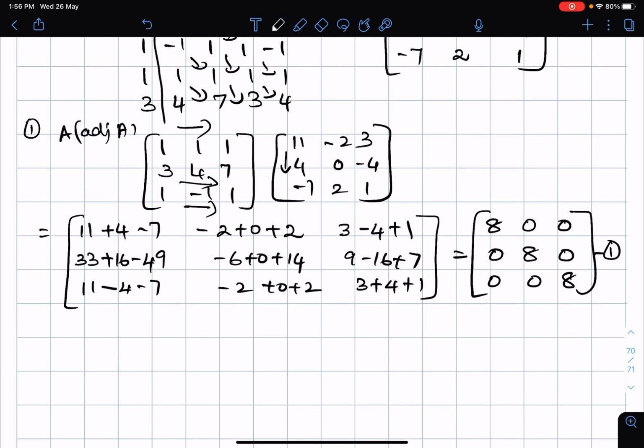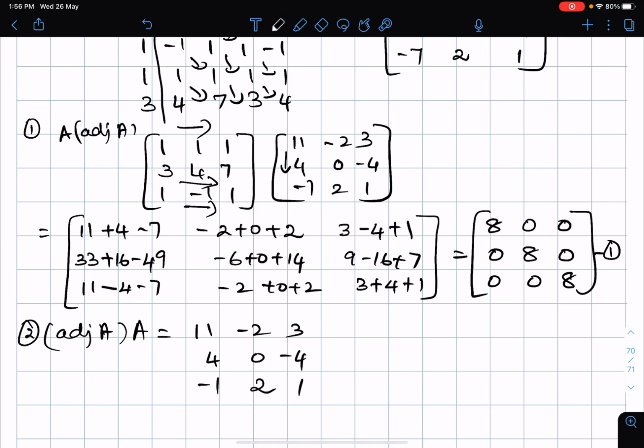Keep it as 1. Now second one, adjoint A into A. So first adjoint, 11, minus 2, 3, 4, 0, minus 4, minus 1, 2, 1. Sorry, this is minus 7, isn't it? Our A is 1, 1, 1, 3, 4, 7, 1, minus 1, 1.